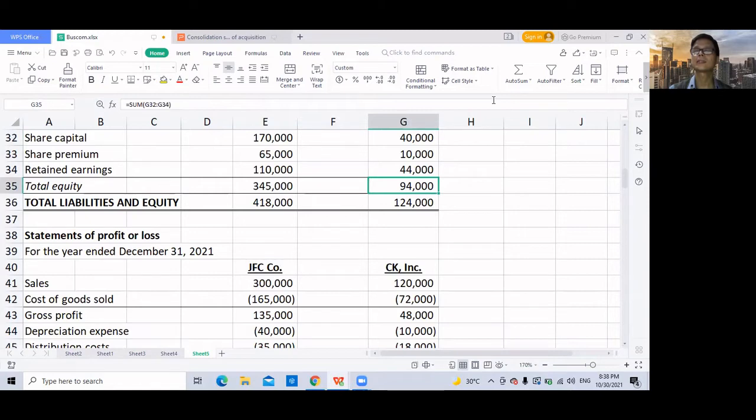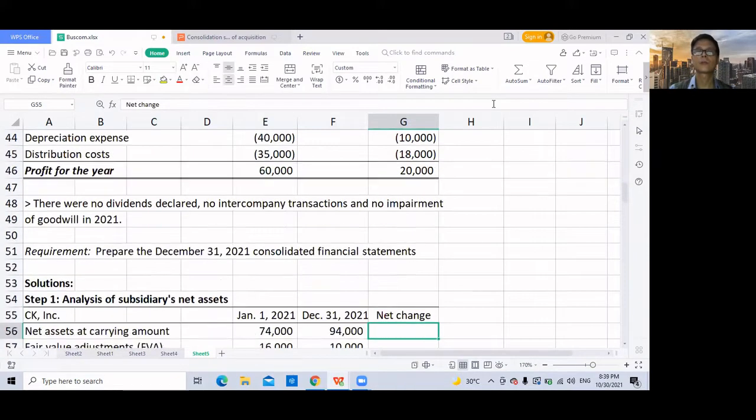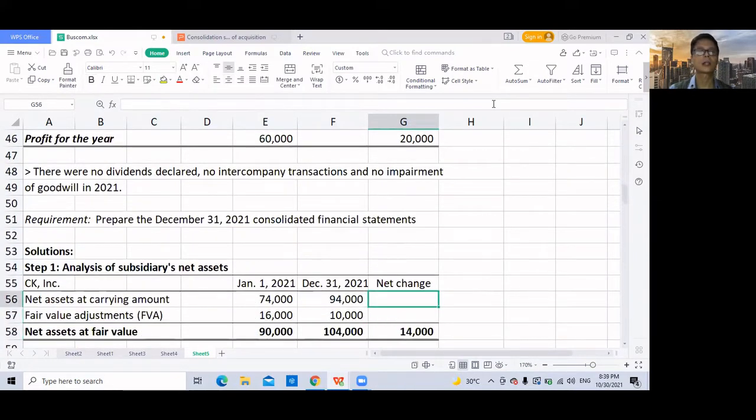Okay, when you say net assets, this is the difference between total assets and total liabilities, no? Okay, so equals equity, no? Okay, so that's why ito yung net carrying amount ng kanyang net assets. Another terms for net assets are net worth, equity, capital, similar yung meaning, no?